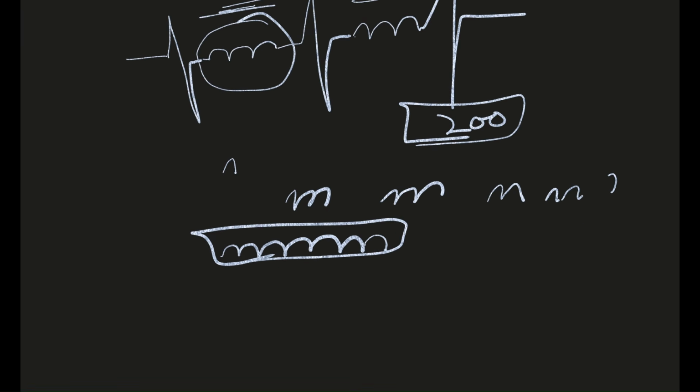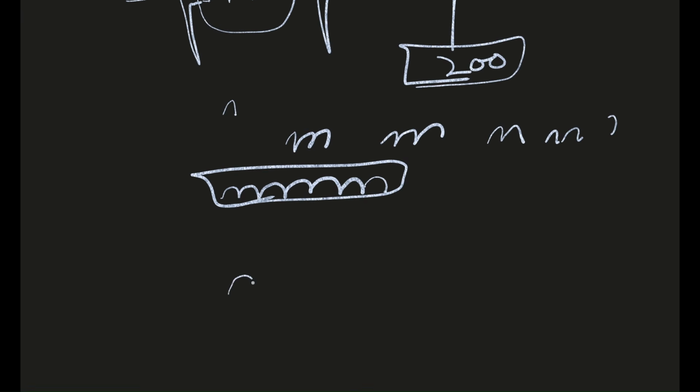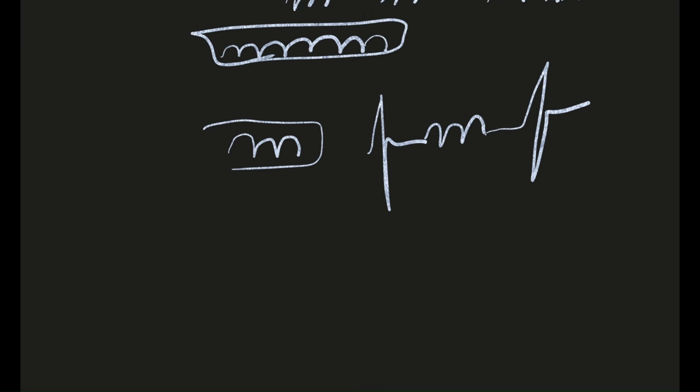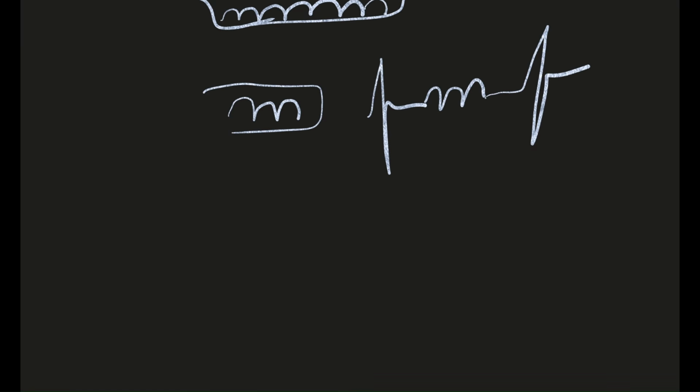If you see a patient having tachycardia and in between QRS complexes there is a sawtooth appearance, then this is atrial flutter. This is a simple and easy thing to remember. You won't miss it if you see it once in your life.